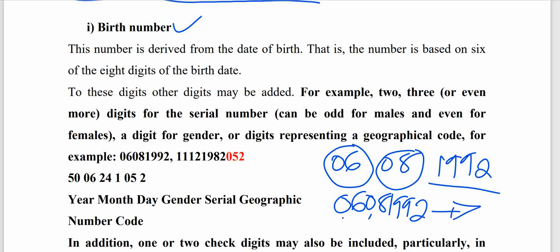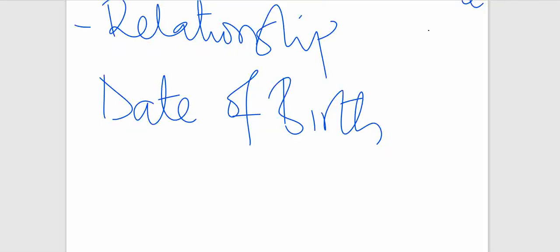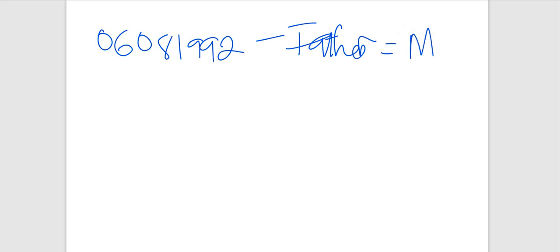Now, if that is the father, let me put it here where you can view it clearly. Let me use this board. This is my whiteboard here. So if 0, 6, 0, 8, 1, 9, 9, 2 is for the father, then this represents the male in that family.